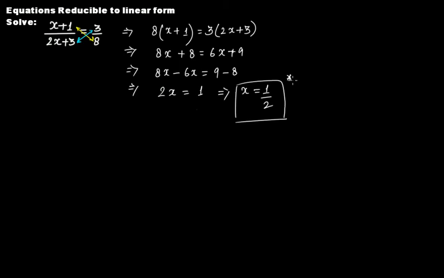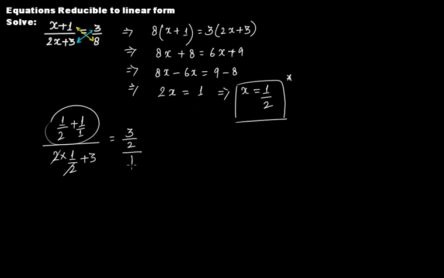If you want to check it, you can put x equal to 1 by 2 here: (1 by 2 plus 1) divided by (2 times 1 by 2 plus 3). Solving this, 1 by 2 plus 1 gives you 3 by 2, divided by 1 plus 3, that is 4.